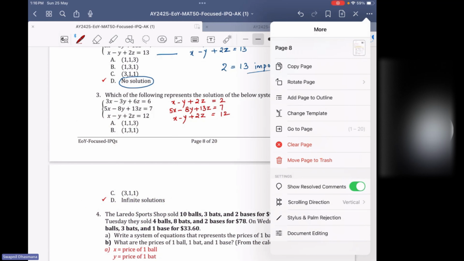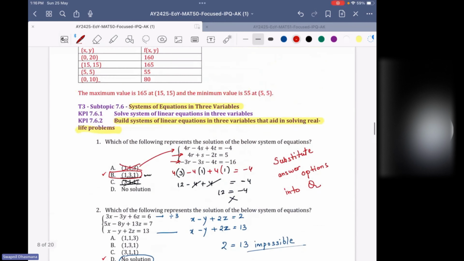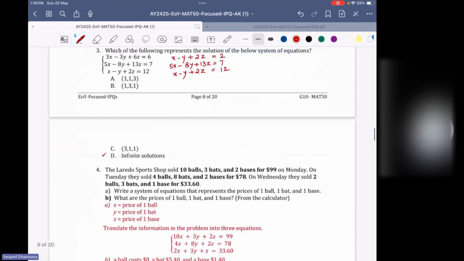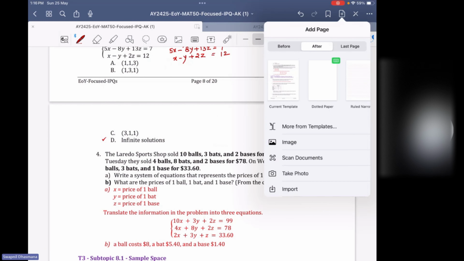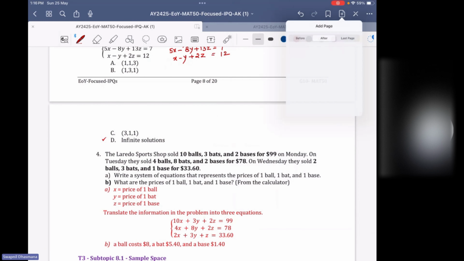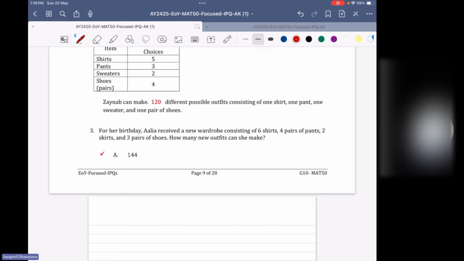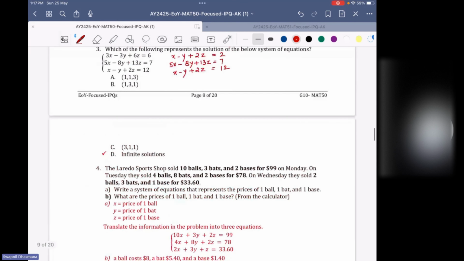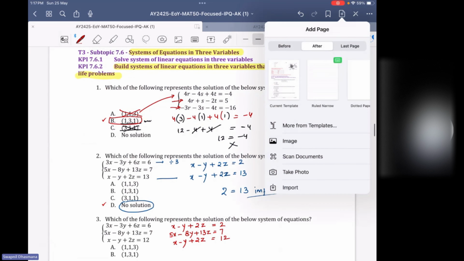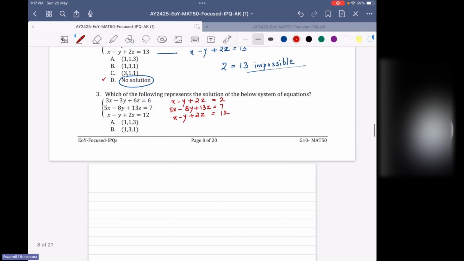Let's try solving this. Let's add a page over here.